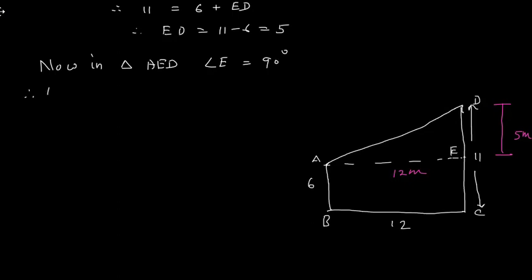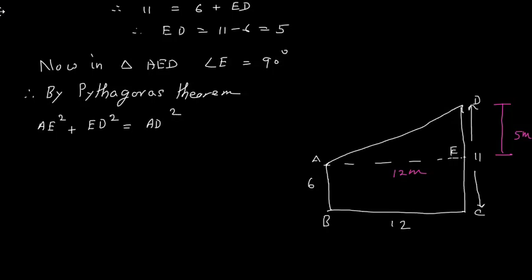Therefore, by Pythagoras theorem, we apply Pythagoras theorem, and by Pythagoras theorem, AE square plus ED square will be equal to AD square. Therefore, 12 square plus 5 square is equals to AD square.